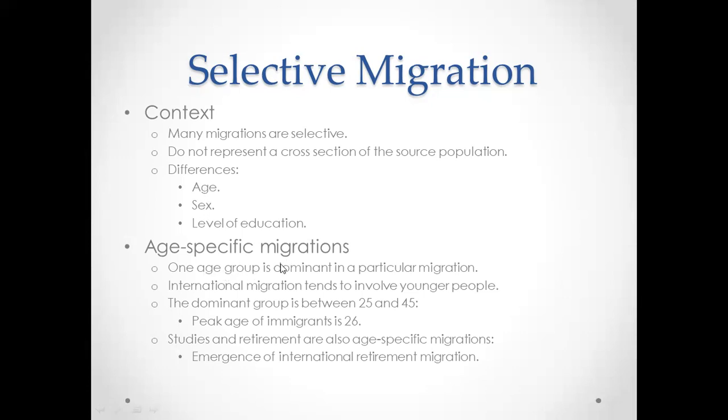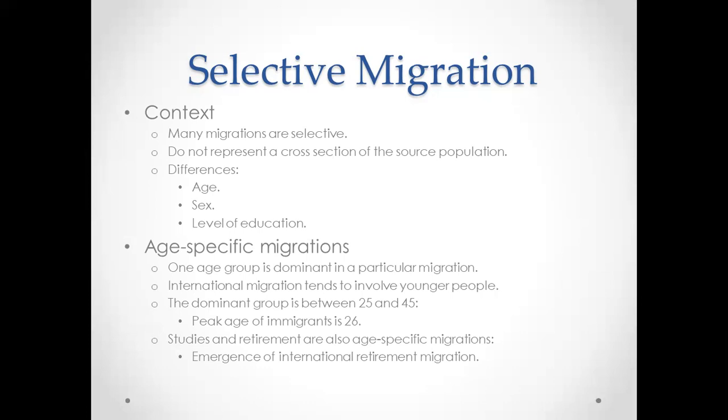First, age-specific migration. According to the text, one age group is dominant in a particular migration. International migration tends to involve younger people, because the young are adventurous. The dominant group is between 25 and 45 years old, with the peak at 26, because they already have discernment, and they are really looking for greener pastures at that age.